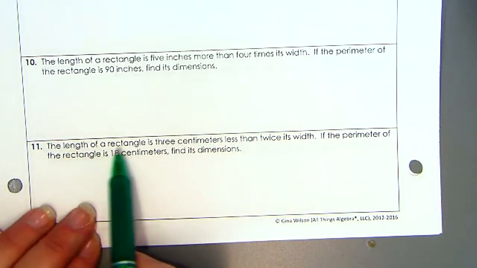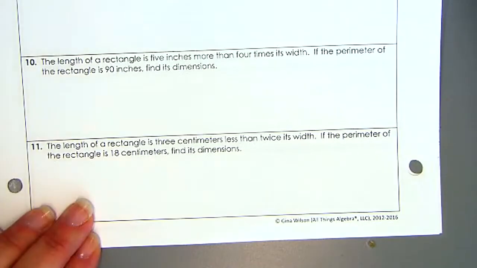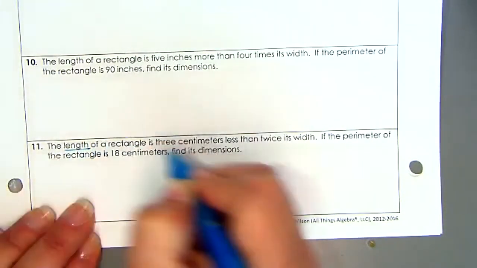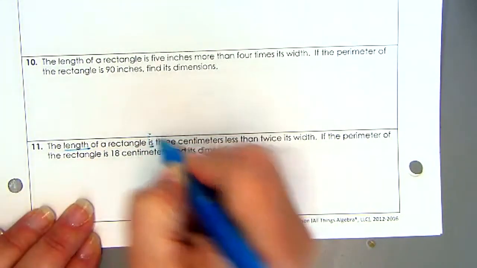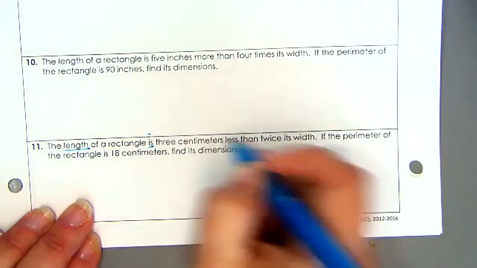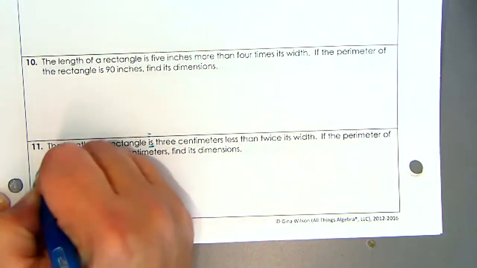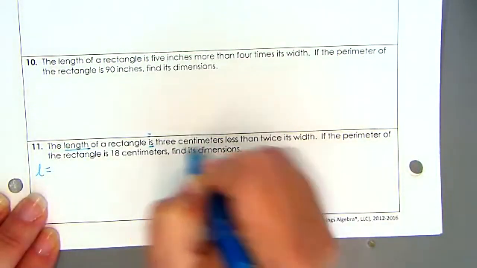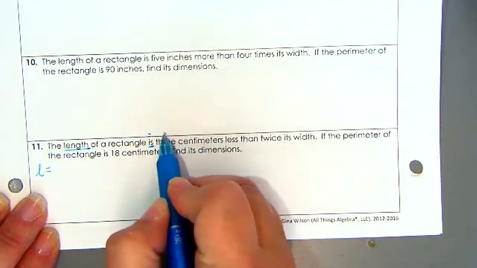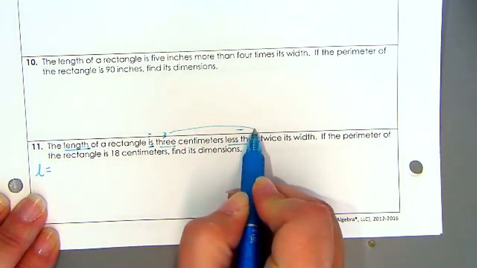It says the length of the rectangle is 3 centimeters less than twice the width. So L equals, and 3 centimeters less than is subtraction, but it's that reverse order again.